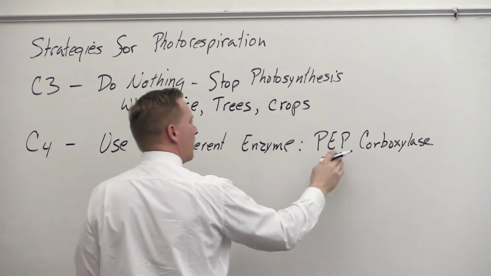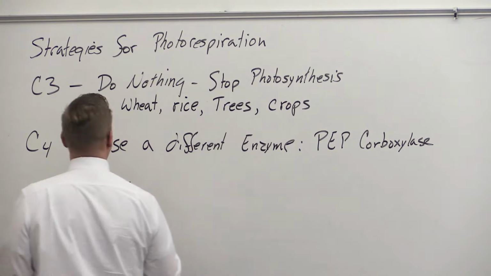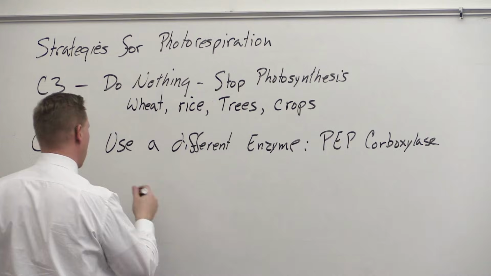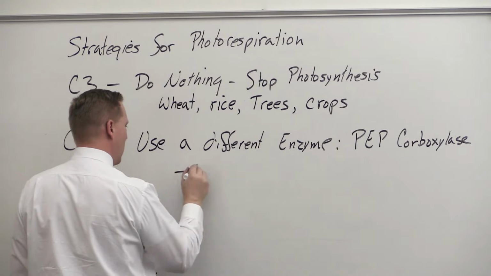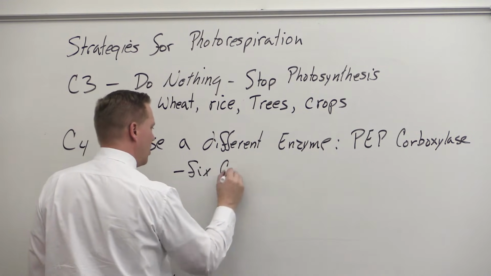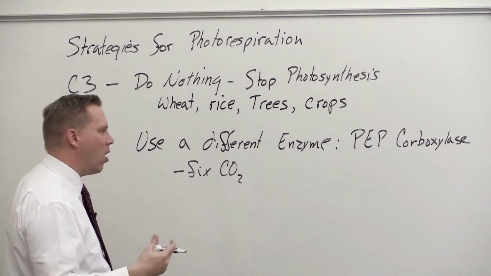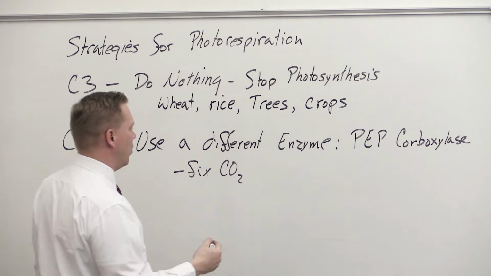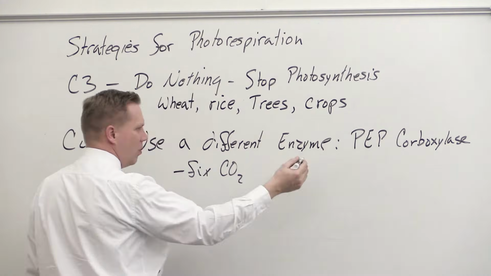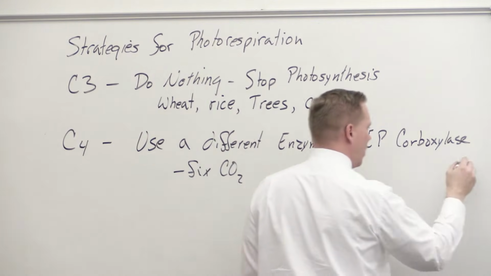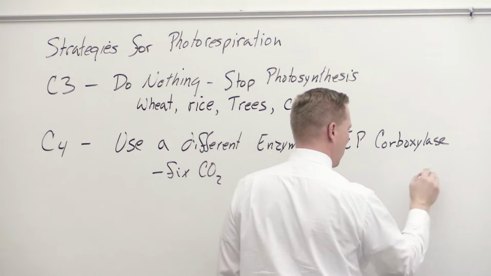And PEP carboxylase can also fix CO2. It doesn't work in the Calvin cycle. So what they do is they fix CO2, but this enzyme is actually really good at recognizing even small amounts of CO2. And so what they do is they are going to harvest.